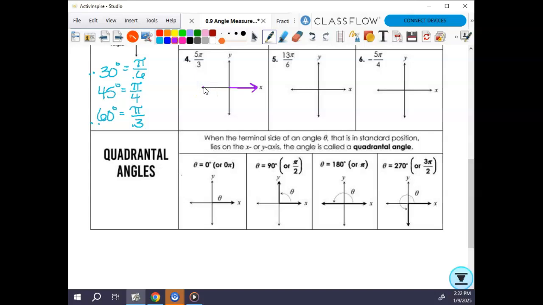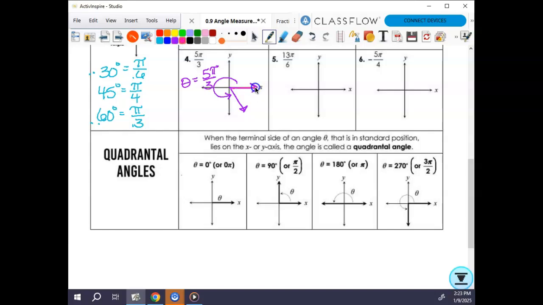You agree with that? And then what would this be? 6 pi thirds, but I only want 5 of them, so I'm going to back up pi thirds, right? What is pi thirds in degrees? 60. So that's going to help me where I aim. So if I back up 60 degrees, I back up about 2/3 of the way, kind of right there. So this angle right here is 5 pi thirds. This is theta, okay? 5 pi thirds.